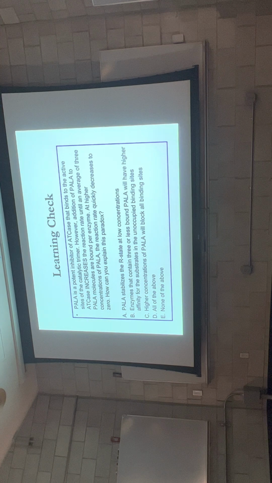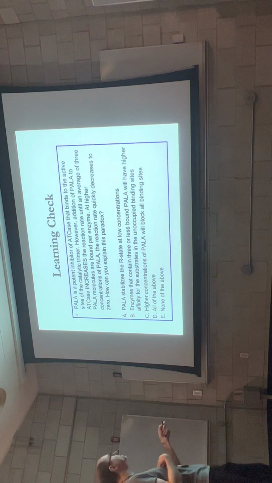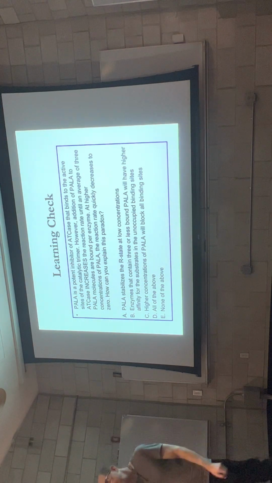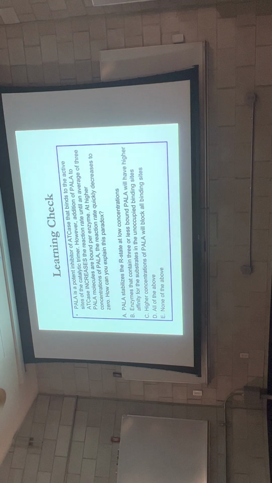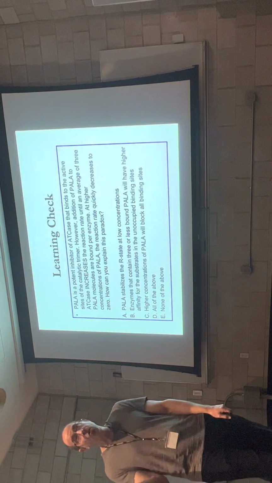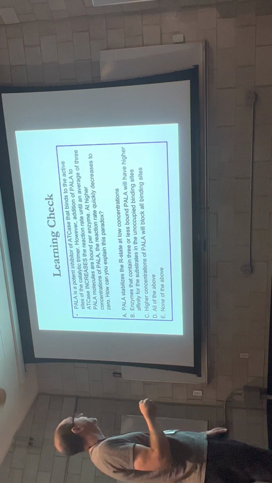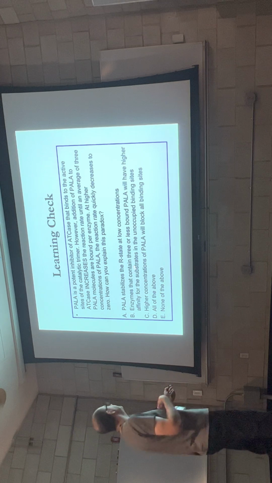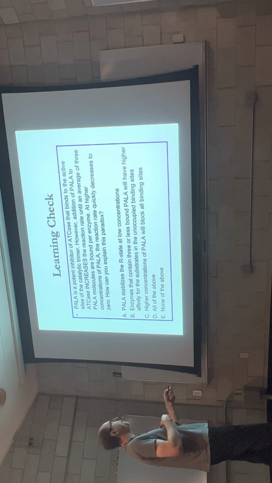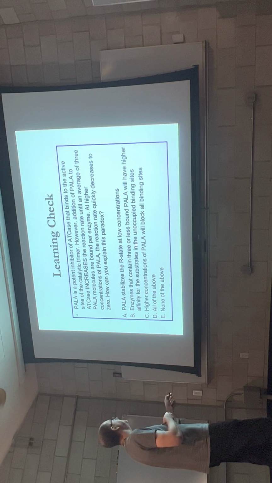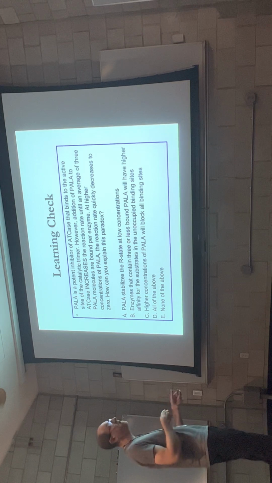The options are: PALA stabilizes the R state at low concentrations. We know that's true because PALA is a transition state analog, and those things will have potent binding affinity for an enzyme. Enzymes that contain 3 or less bound PALA will have higher affinity for the substrates in the unoccupied binding sites.